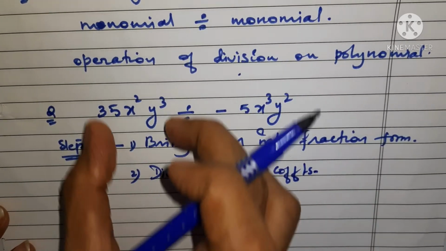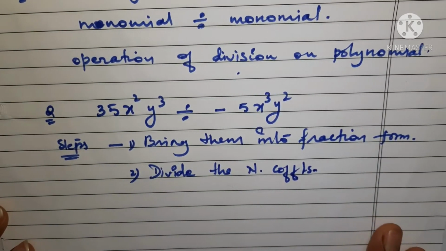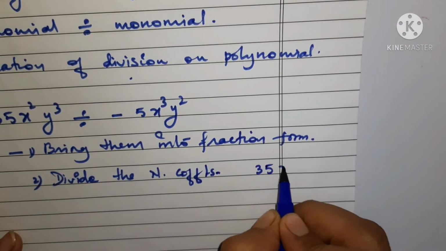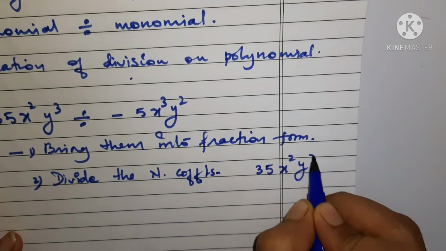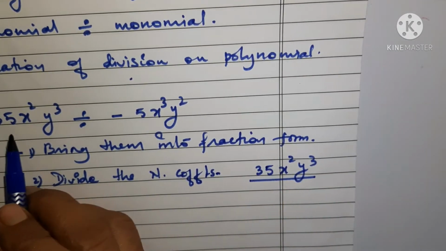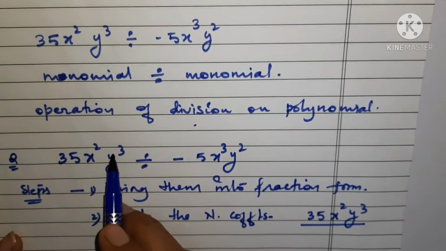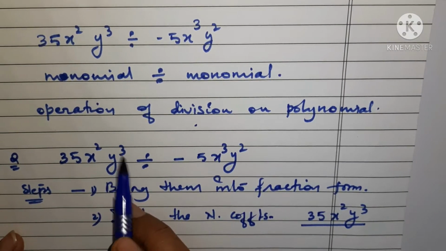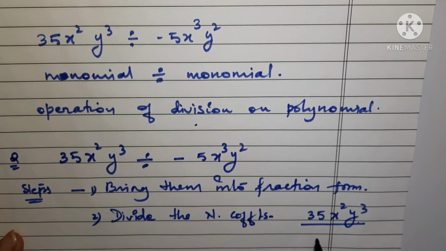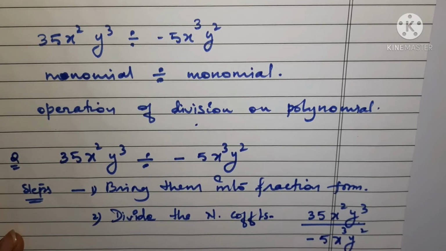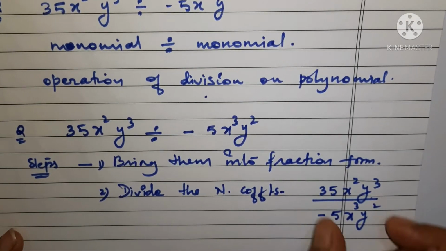We'll do it side by side so that you will be able to understand. 35x square y cube, we are going to bring it into the form of a fraction. So 35x to the power 2 and y to the power cube is to be divided by minus 5x to the power cube and y square. Now we have done this.